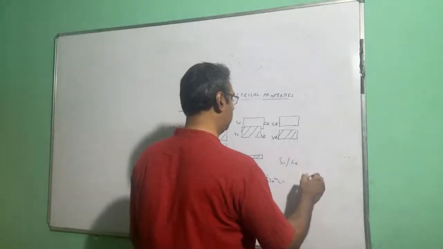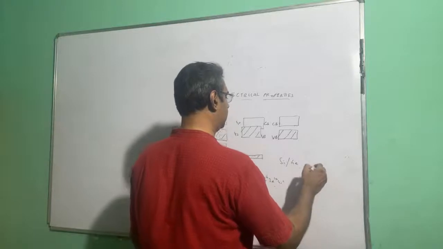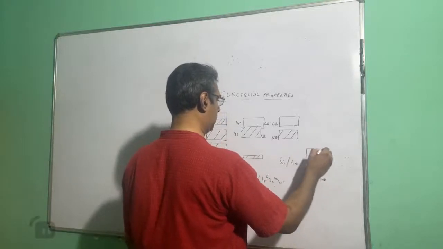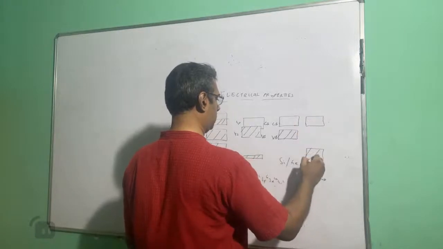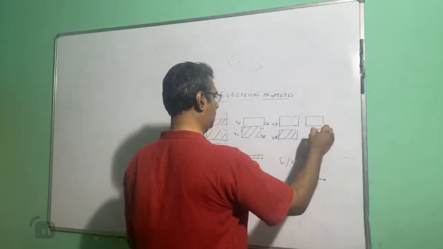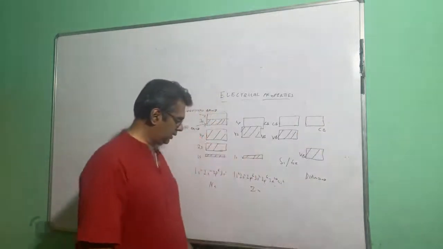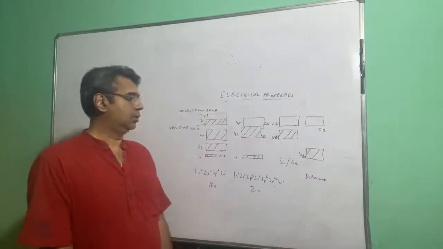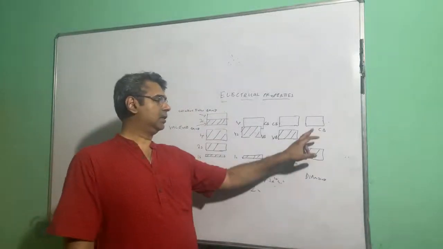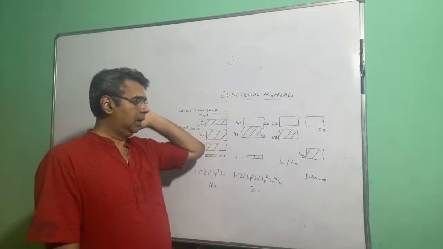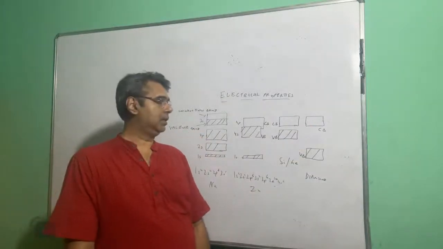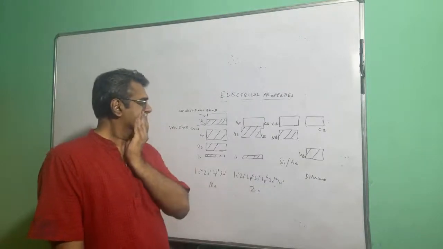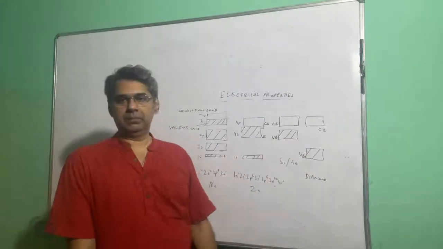And finally, if you look at an insulator like diamond, this is the valence band, this is the conduction band, and there is quite a large gap between them.